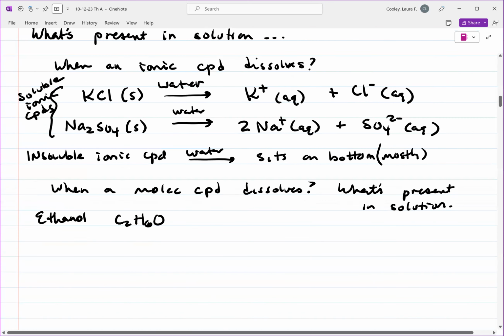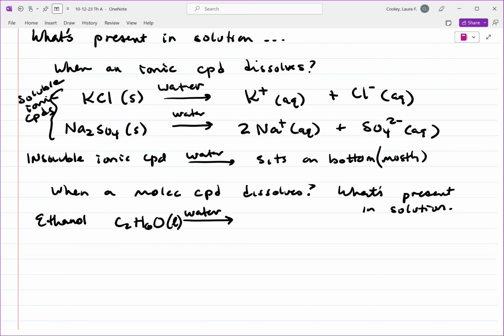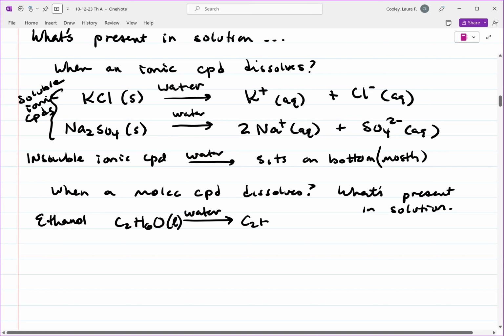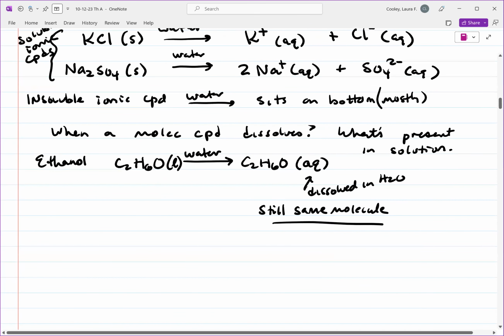You put that in water, it's a liquid, smells like vodka. And it doesn't change, it still stays molecules. We say aqueous, so now it's dissolved in water, but it's still the same molecule. It doesn't produce any ions, it's just dissolved molecules.